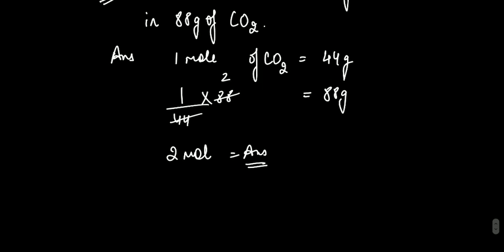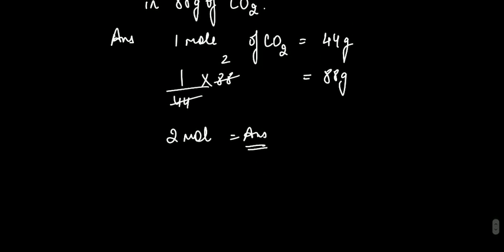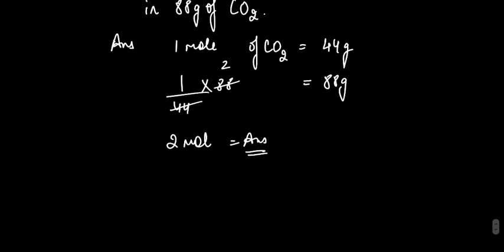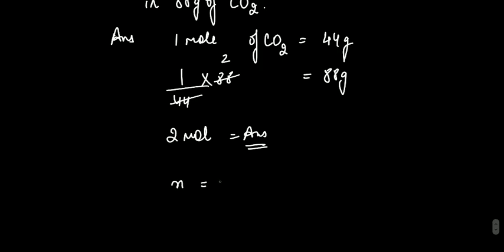So if we are going to discuss these kinds of simple questions, this is one unitary method, or number of moles formula based: given mass divided by molar mass. Given mass is 88, molar mass is 44, that is the gram molecular mass. Again we will get the same answer, 2 mol.